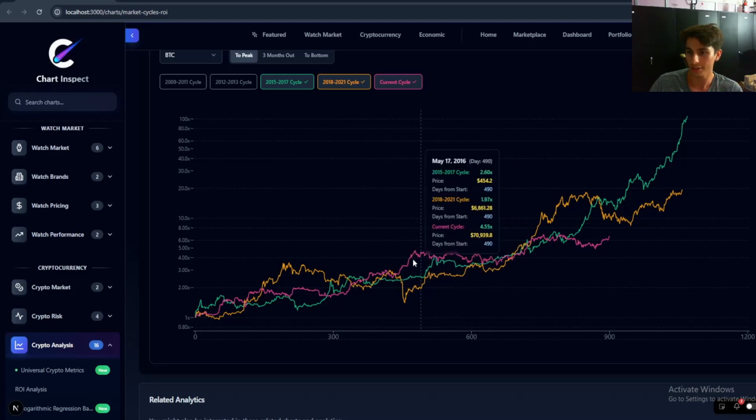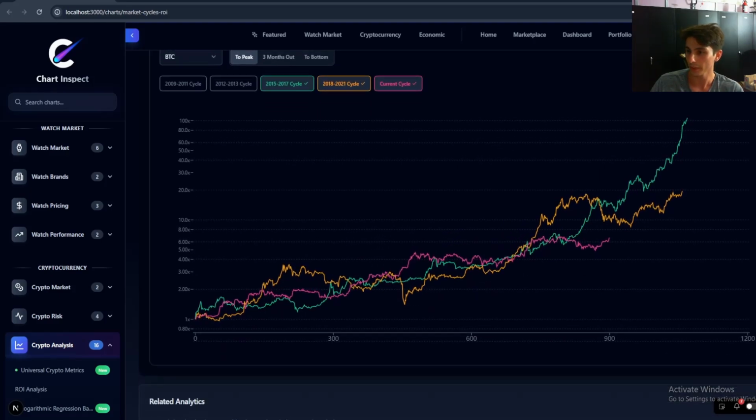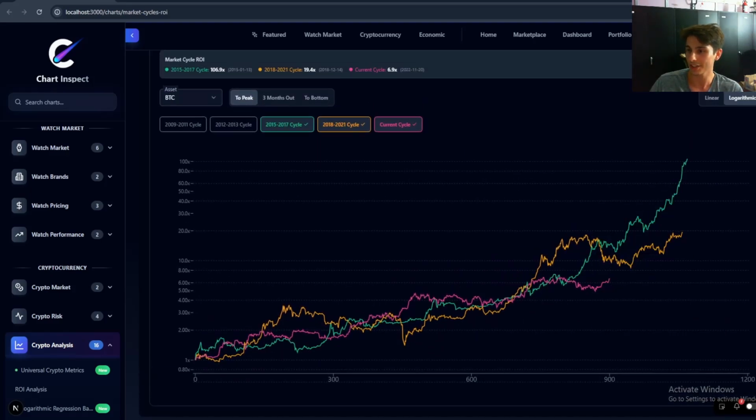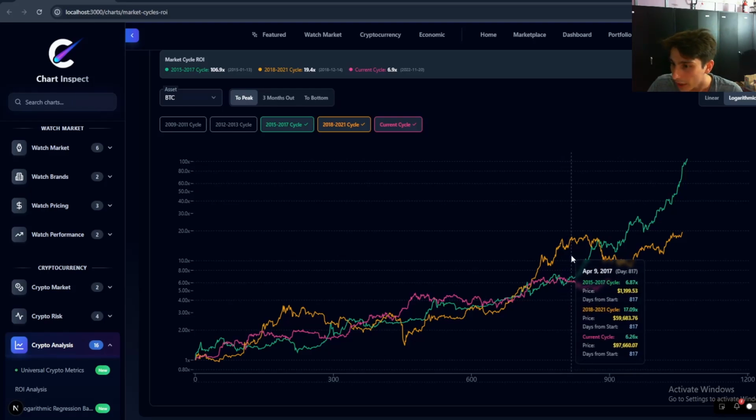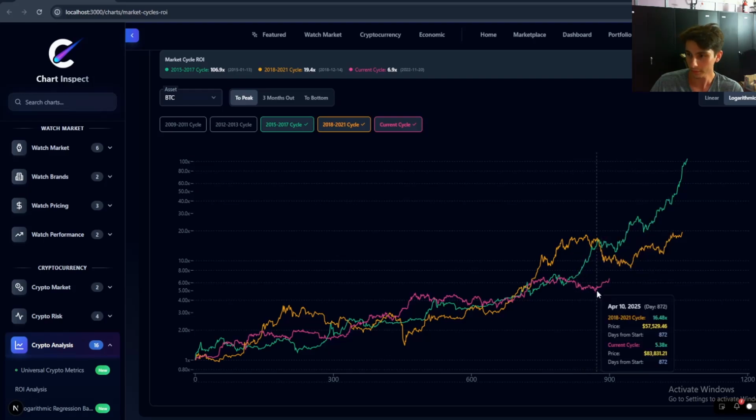Each cycle is pretty much different, but they have their similarities and their differences. But you can see that in the last cycle in 2021, when Bitcoin was already at a 17x, the current cycle was only at a 6x.